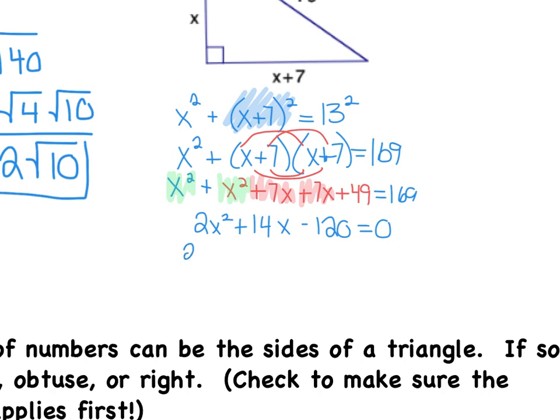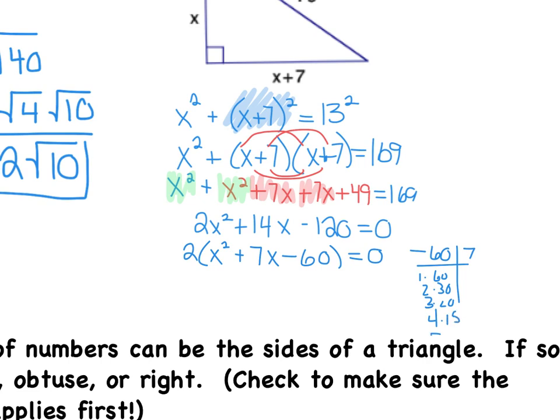Now I notice that there's a GCF of 2, so I'm going to take that out. It's going to be x squared plus 7x minus 60 equals 0. Let's check if this could be factored. Are there factors of negative 60 that at the same time will add up to 7? You could list them out: 1 and 60, 2 and 30, 3 and 20, 4 and 15, 5 and 12.